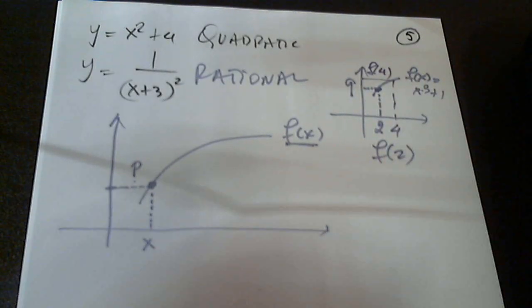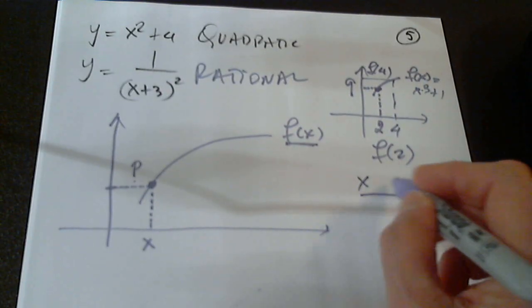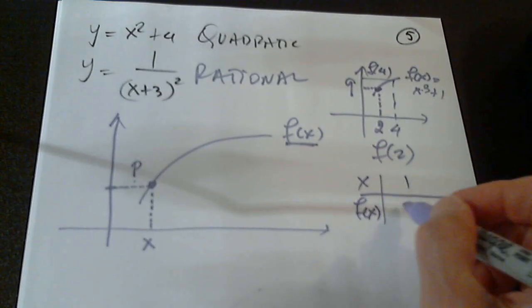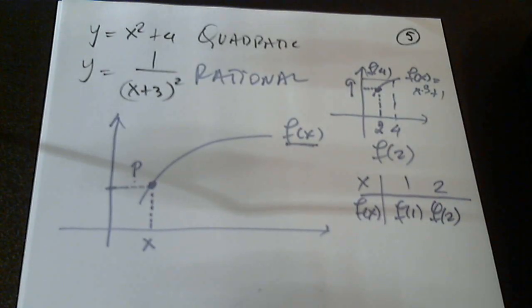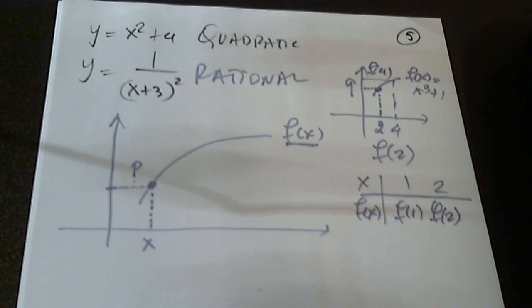If you're given 1, you have to determine f of 1. For 2 you have to find f of 2, and so on. You cannot pick the y value. You have to determine the corresponding y value.